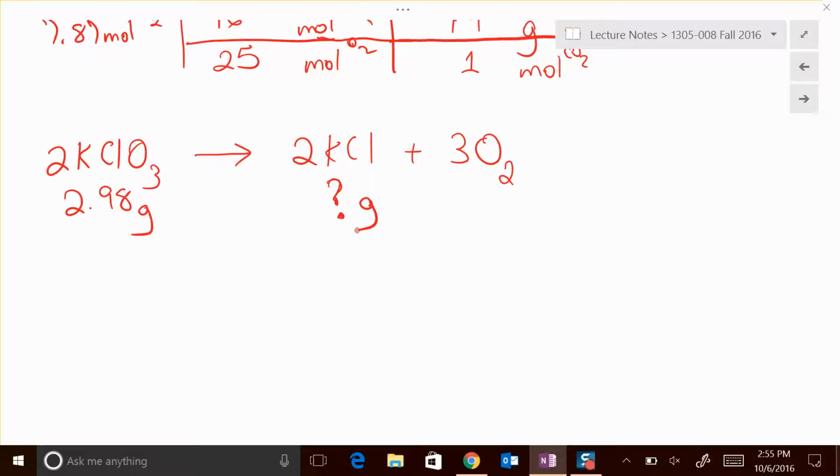That's not moles, that's grams. Can I use that 2.98 with the chemical equation? No, I can't. So I have to change it, right? So you need to change it from 2.98 grams to what? There you go. That's your first step.